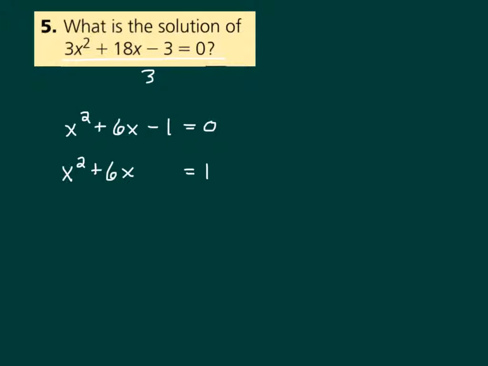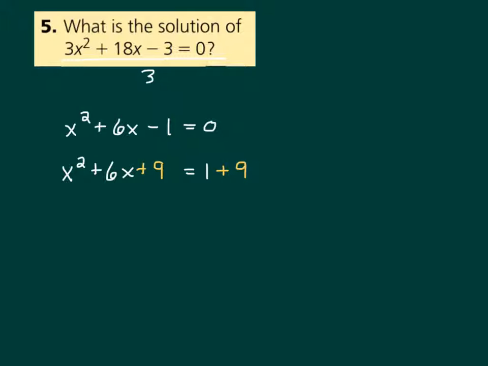And what should we do here to ensure that this side is a perfect square trinomial? So we leave that space to complete the square, and here b over 2 squared is 6 over 2 squared, which is 9. And if I add 9 to the left, I must also add 9 to the right to keep things balanced.